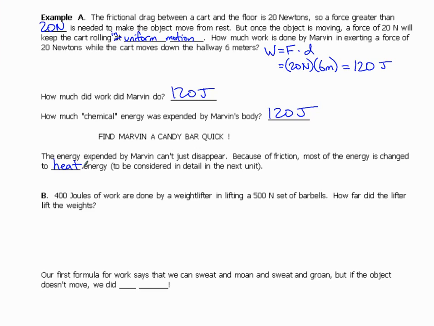Example B, 400 joules of work are done by a weightlifter in lifting a 500 newton set of barbells. How far did the lifter lift the weights? Again, work equals force times distance. We know how much work this lifter did. It was 400 joules.